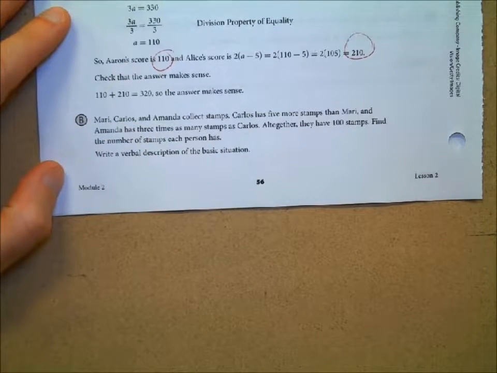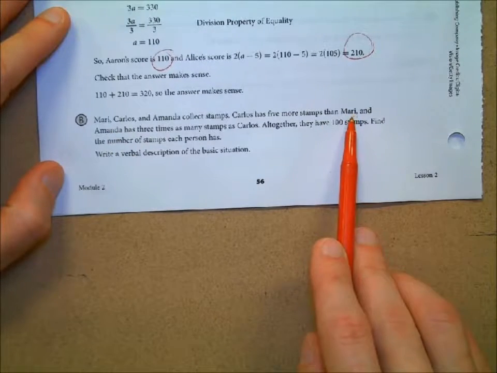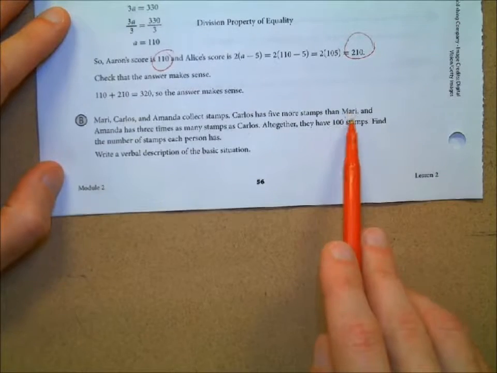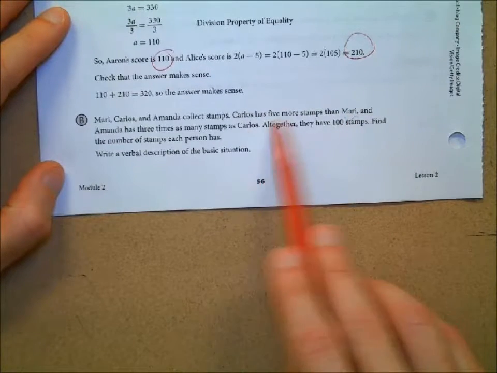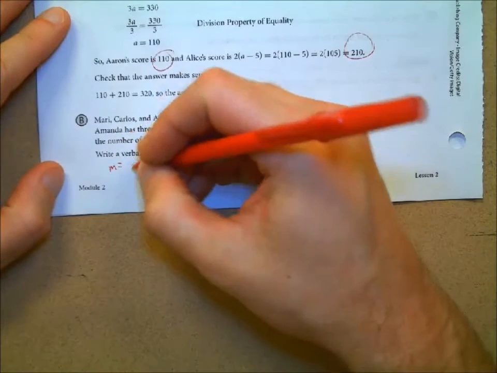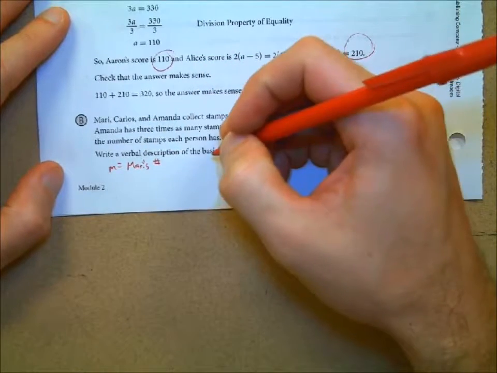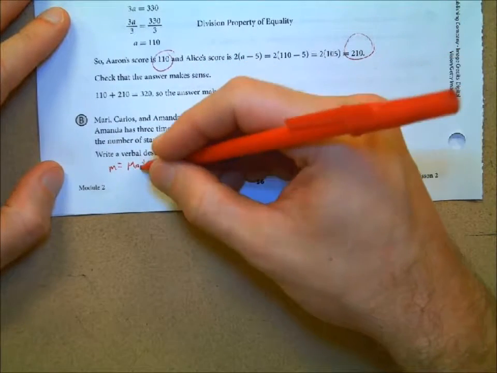The other one, Mary, I think, right? We know nothing about Mary. I'm not sure how to pronounce that either, but I'm going to say Mary. Carlos has 5 more. So we'll say that M equals Mary's number of stamps. I'm going to use the pound sign or hashtag for number.